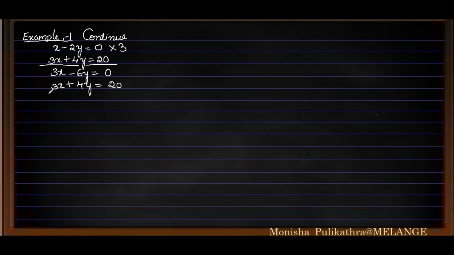Next we need to change the sign, so it becomes plus and minus. For unlike signs, we always need to do subtraction. Subtraction means the 3x terms cancel each other. Next, for like signs we need to do addition. Minus into minus is plus, so 6 plus 4 is 10y.